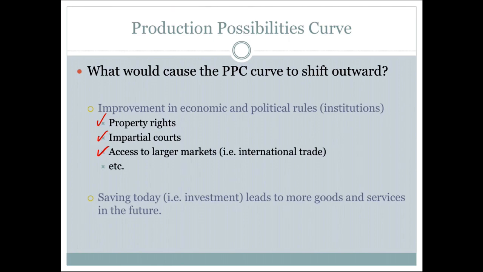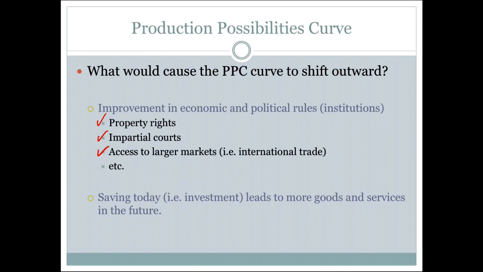curve shifting outward. And lastly, we have investment. You can eat less today, that is, consume less, and save for the future, which means you'll be able to put that money into creating human capital or creating more physical capital, that is, machines to make stuff, which allows you to make more stuff into the future.